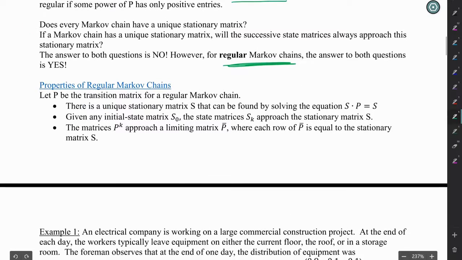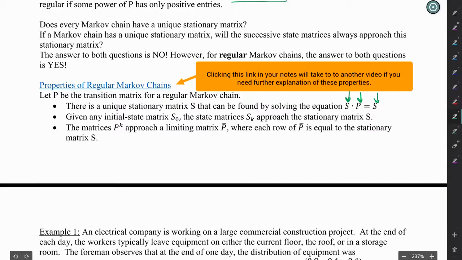Properties of a regular Markov chain. Let P be the transition matrix for a regular Markov chain. There is a unique stationary matrix S that can be found by solving the equation S times P equals S. So our stationary matrix times our transition matrix gives us back our stationary matrix.